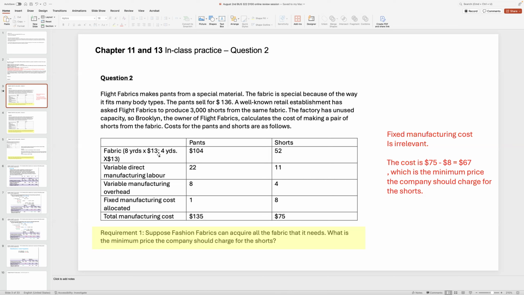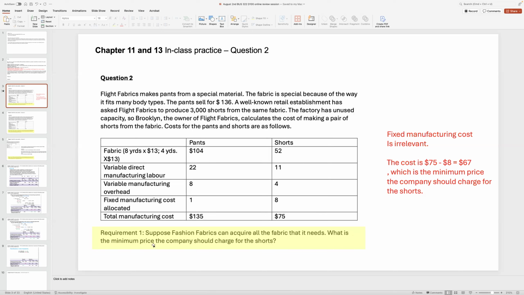So you can see we have materials, the fabric cost, and we also have the direct manufacturing labor cost, variable overhead, fixed overhead allocated, and total cost. Requirement one is, suppose this company can acquire all the fabric that it needs.